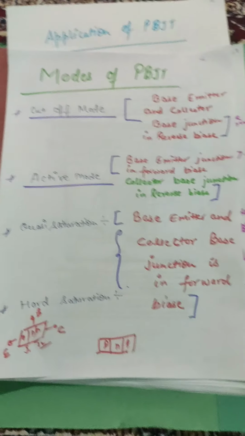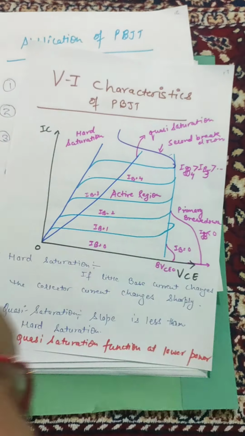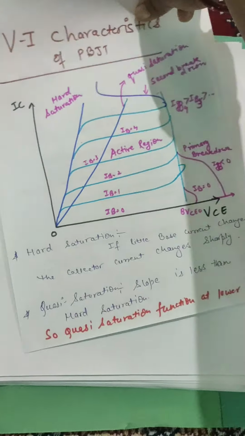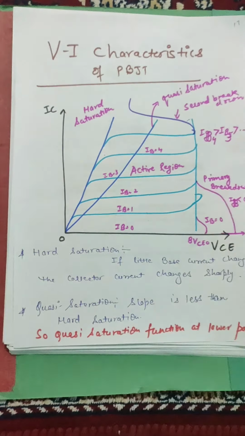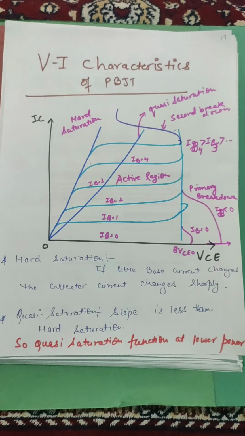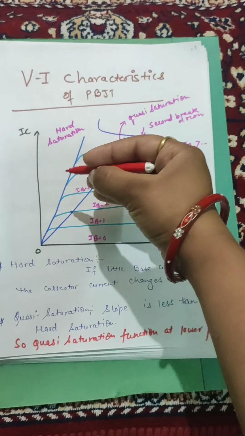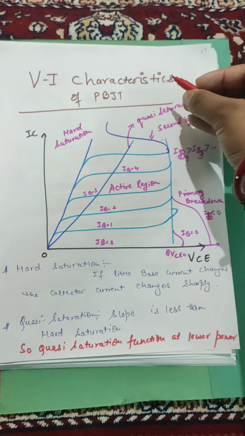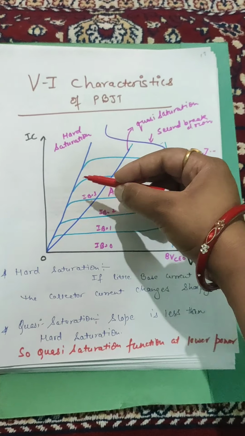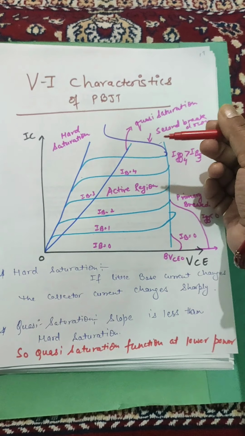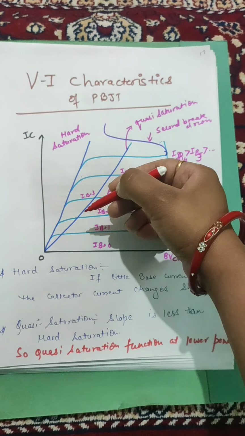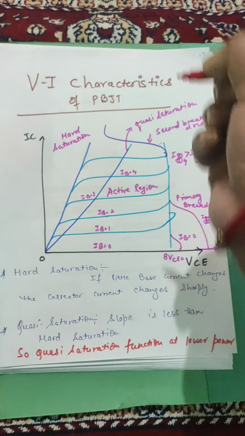You can see from this characteristics graph, I will explain both saturation regions. You can copy that. You can see the hard saturation line and quasi saturation line. In hard saturation, if the base current changes a little, the collector current changes suddenly.